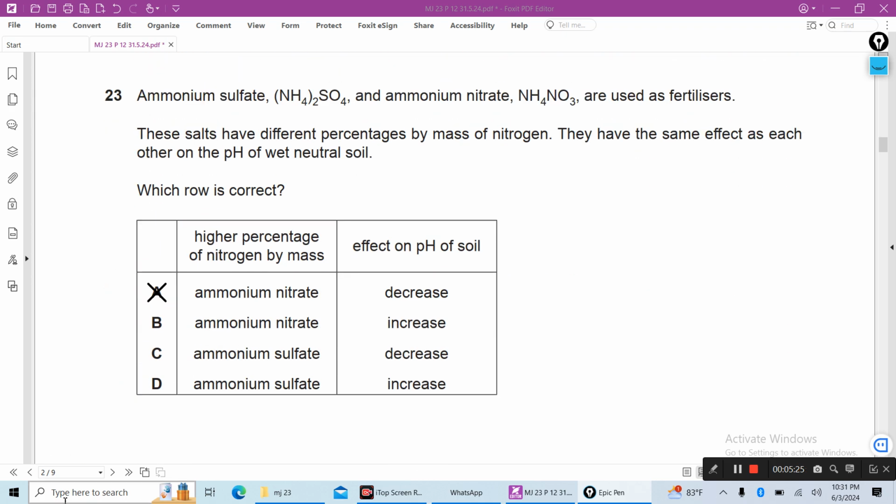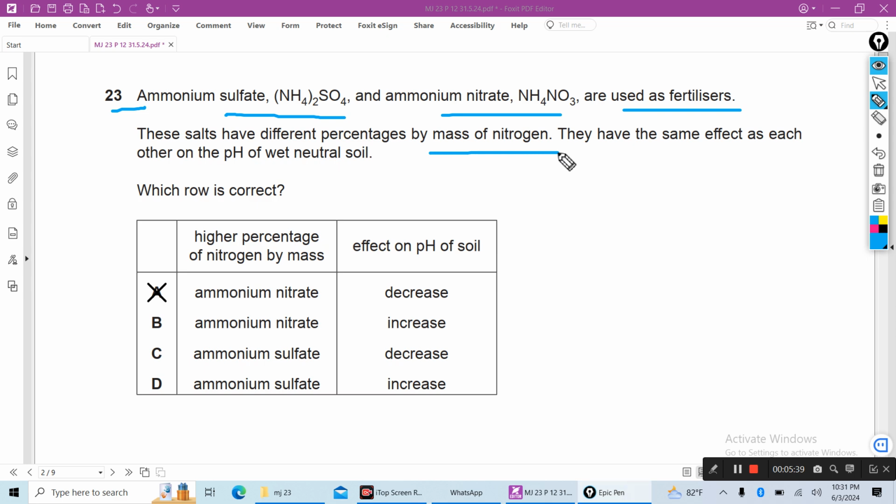Next, 23. Ammonium sulfate and ammonium nitrate are used as fertilizers. These salts have different percentage by mass of nitrogen. They have the same effect as each other on the pH of the wet natural soil.